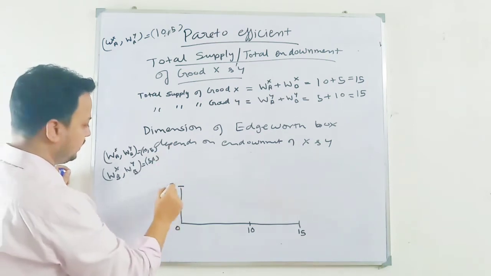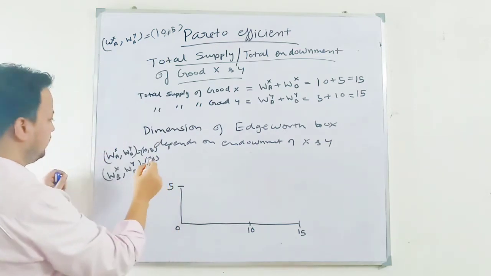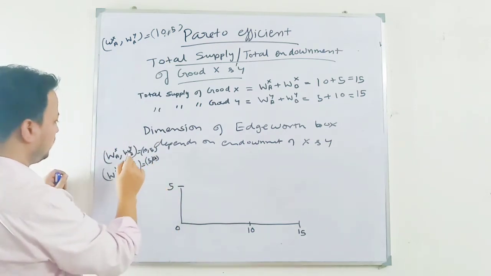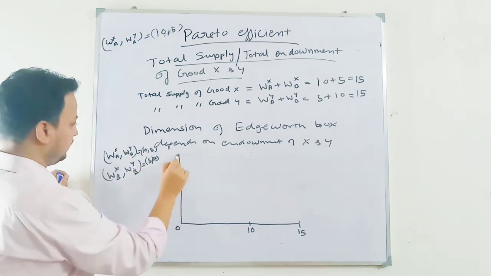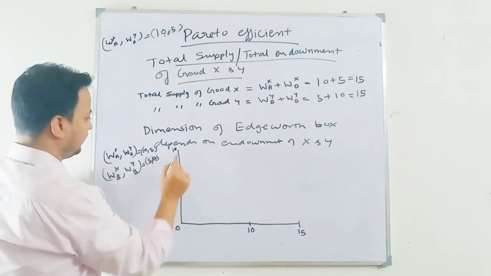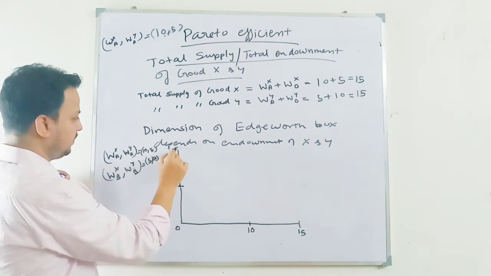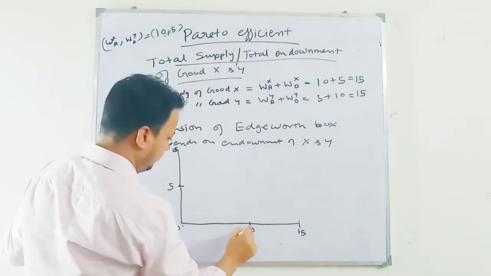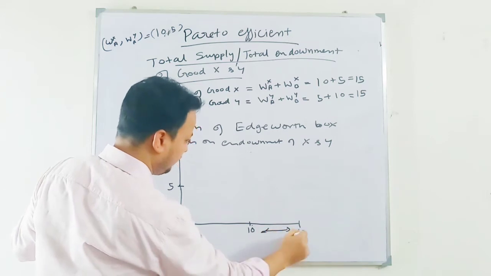This vertical axis represents 5, and I will extend it to 10 because the total endowment of good y is 5 plus 10. So I extend this, and the total is 15. This is 10, and this distance is 5.